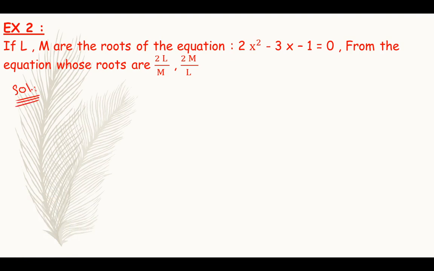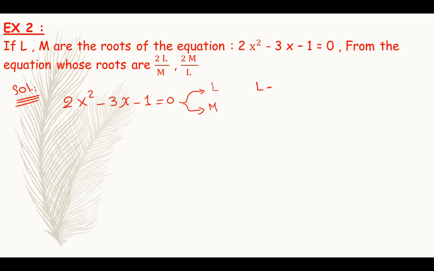Here we have an old equation, 2x power of 2 minus 3x minus 1 equals 0. This equation has two roots, one of them is L and the other one is M. So we are going to find the sum and the product.